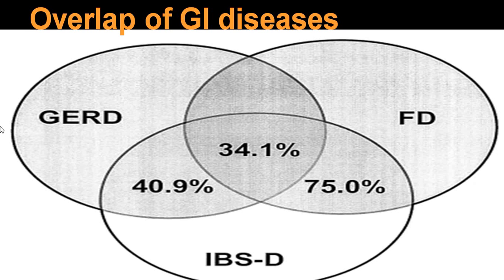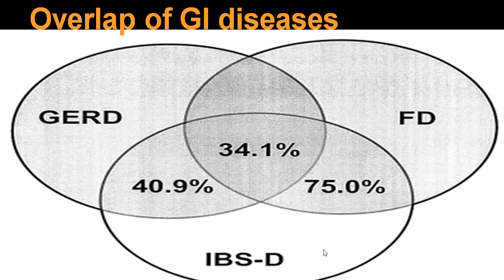There is also an overlapping between other groups like GERD, functional dyspepsia, and IBS, irritable bowel syndrome. Now if you see here, it is almost 34% of the people overlapping GERD, IBS, and functional dyspepsia. Also, there is an overlapping between GERD and functional dyspepsia.